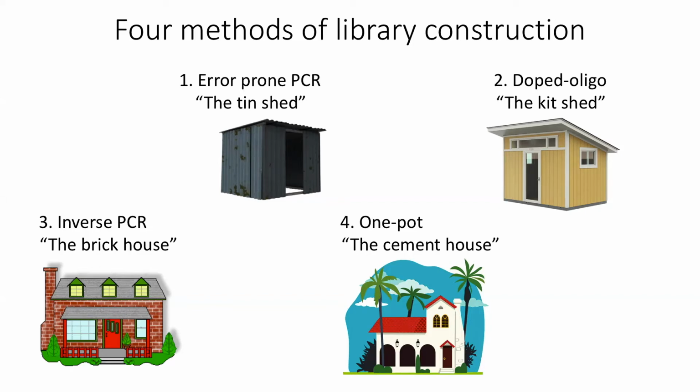They're just doing it in slightly different ways. In inverse PCR, you sort of have to lay it out brick by brick, codon by codon, versus one pot, where you sort of mix everything together and then make it in one go. And I'll go through each of these individually.